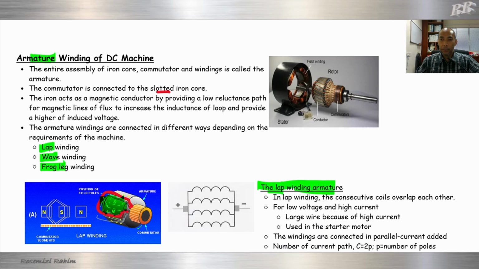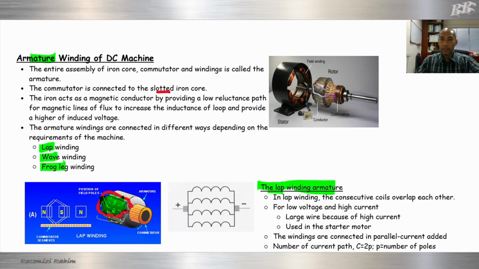The first coil starts from this commutator segment, goes to the poles, and then moves back to the pole.